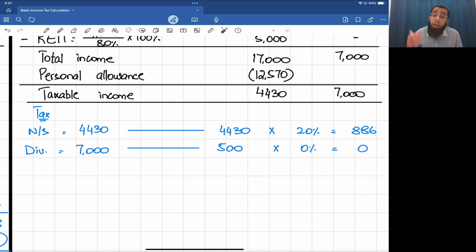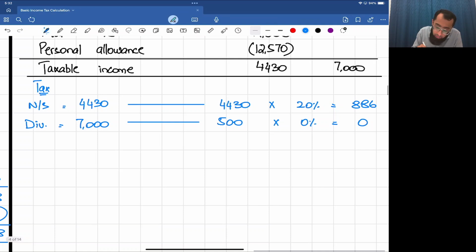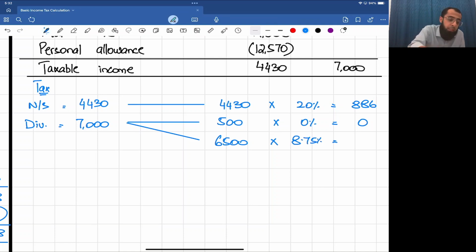Your basic rate band is 37,700, so obviously this entire thing lies in the basic rate band. So this 6,500 will be taxed at the basic rate, which is 8.75%. 6,500 into 8.75% gives us 569.